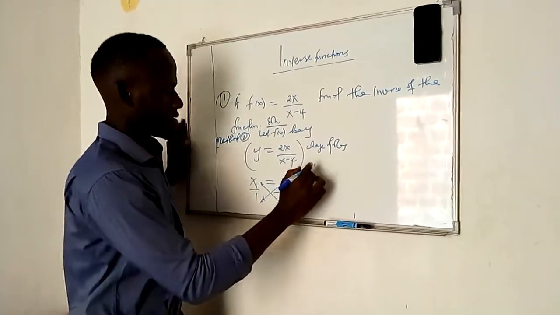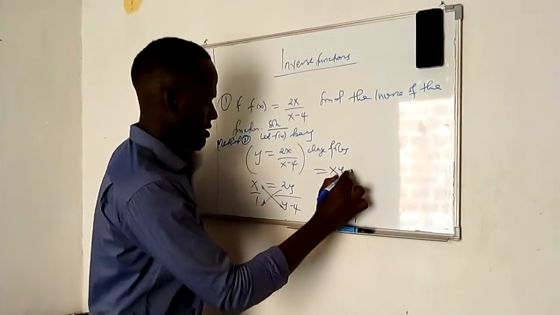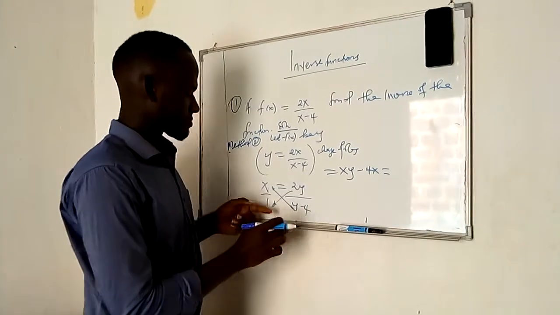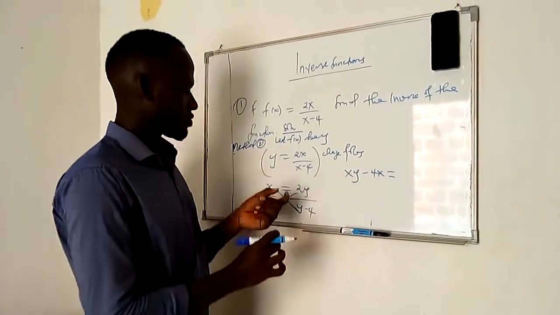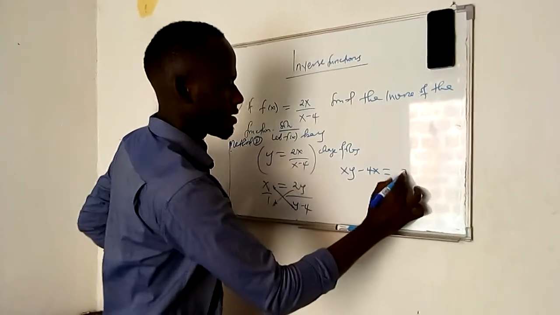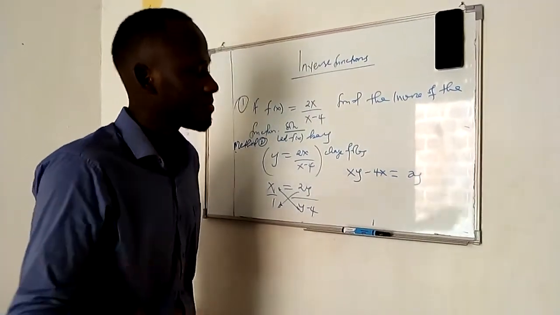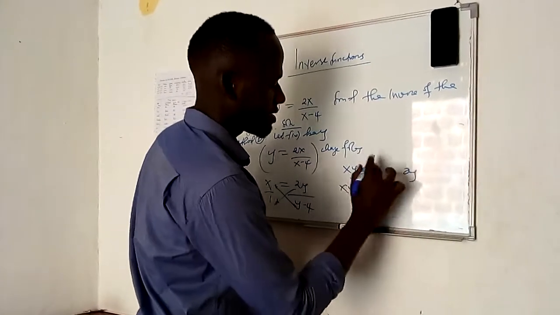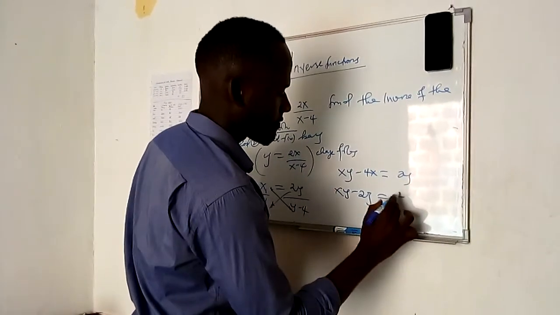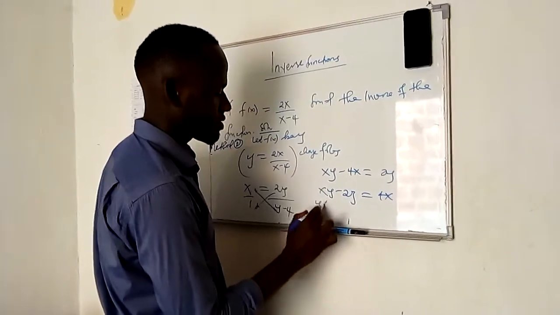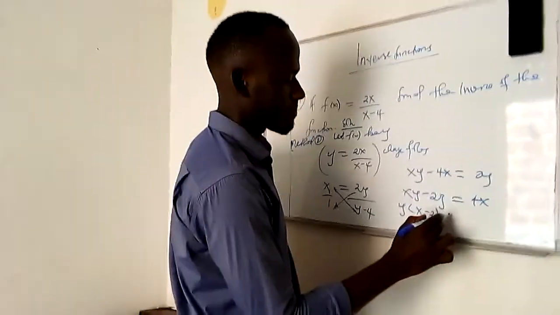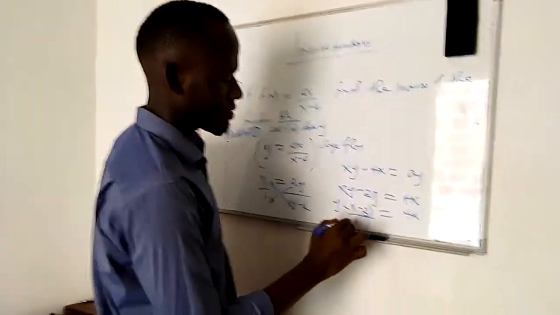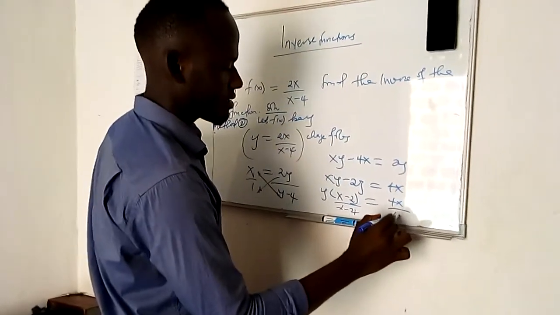So this becomes xy minus 4x is equal to 2y. Now we want to make y the subject of the formula. So this becomes xy minus 2y is equal to, this changes sign, 4x. So this will become y into x minus 2 is equal to 4x, over x minus 2 over x minus 2.